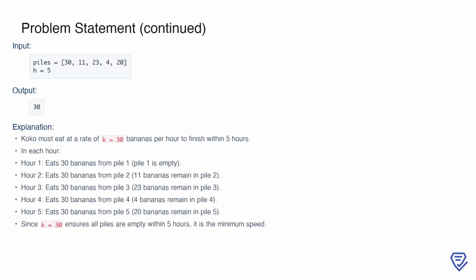In the fourth hour, she eats 30 bananas from the fourth pile, which also empties that pile. Finally, in the fifth hour, she eats 30 bananas from the fifth pile, clearing it too. By eating at a speed of k equals 30, Koko ensures that all piles are empty within the 5-hour limit. Therefore, k equals 30 is the minimum speed required for this case.